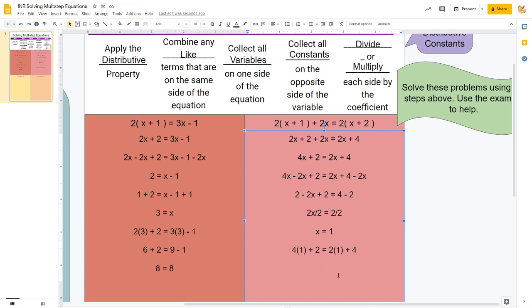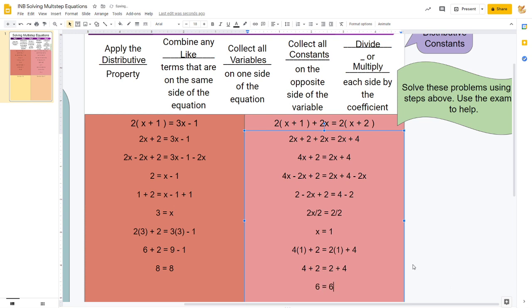There's no exponents. We do have multiplication. 4 times 1 is 4. Everything else stays the same. 2 times 1 is 2. And everything else stays the same. Well, this is pretty. Look, they're exactly the same, just reversed order. So this is just 6 equals 6.